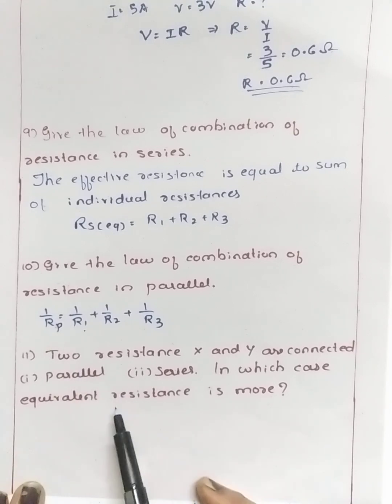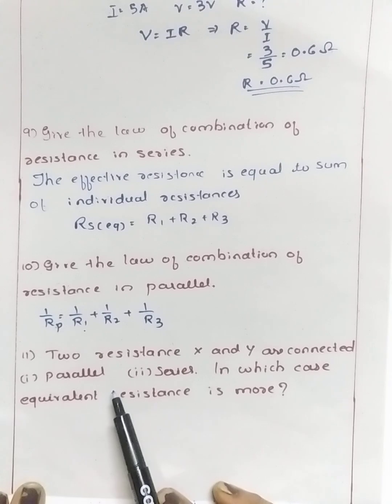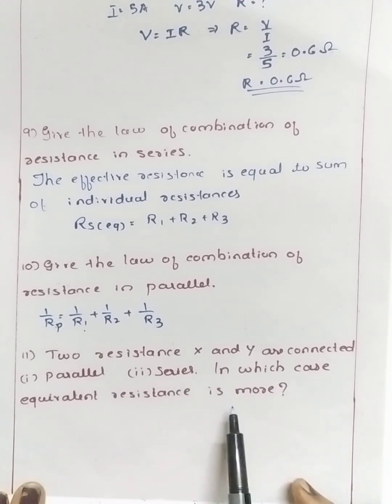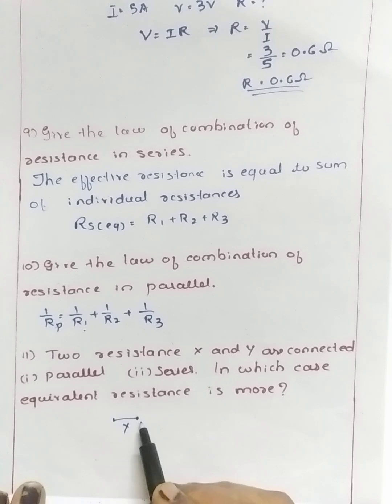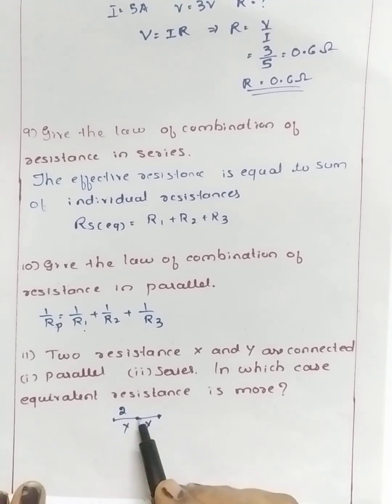Two resistances X and Y are connected in parallel and in series. In which case equivalent resistance is more? So here one is resistance X and another one is the resistor Y. So this is a series connection. Suppose the resistance is 2 ohm and this is 3 ohm.